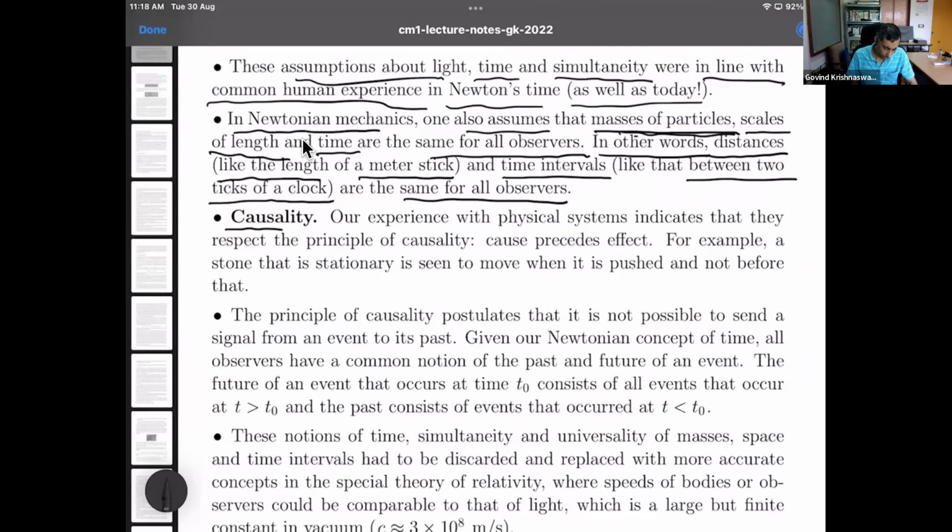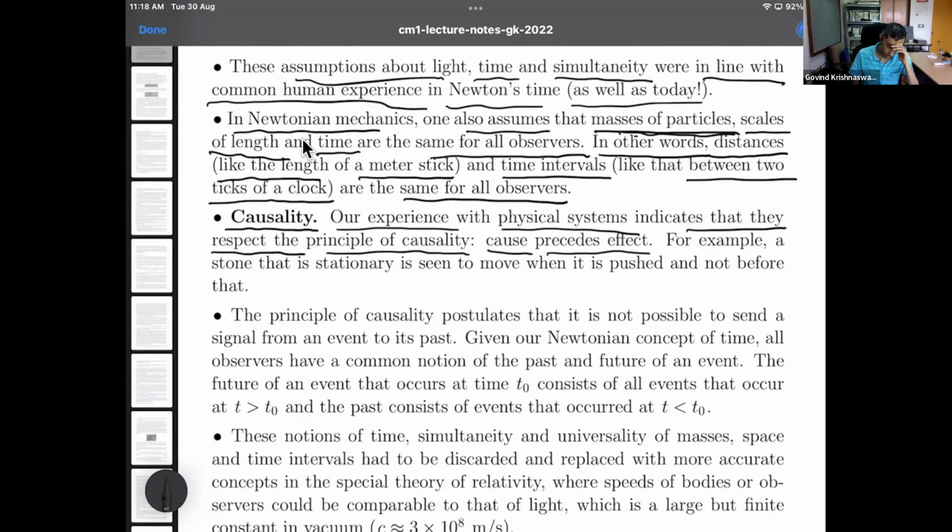Now we have a further principle or experimental observation called causality. Our experience with physical systems indicates that they respect the principle of causality. In other words, cause precedes effect.